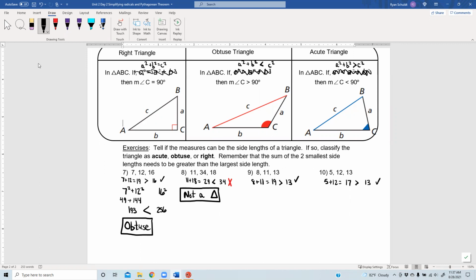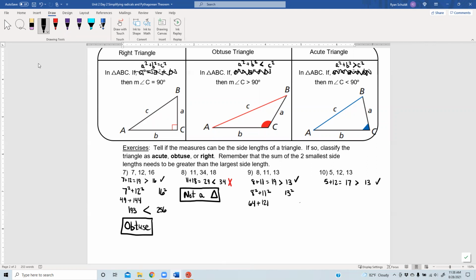Okay, 8 we can skip. It's not a triangle. So go to 9. 8 squared plus 11 squared, and then compare that to 13 squared. 8 squared is 64 plus 11 squared is 121. That's when you compare that to 169.